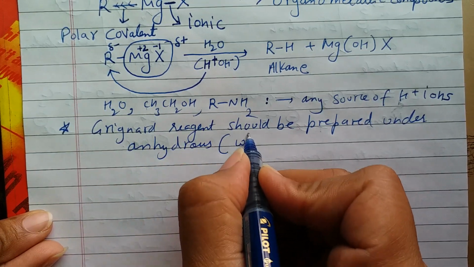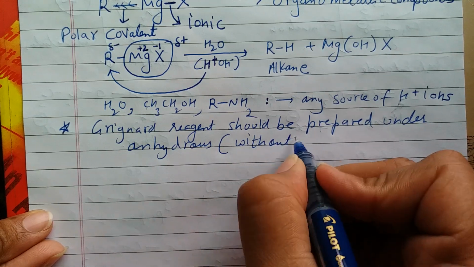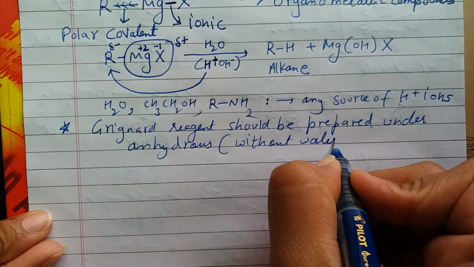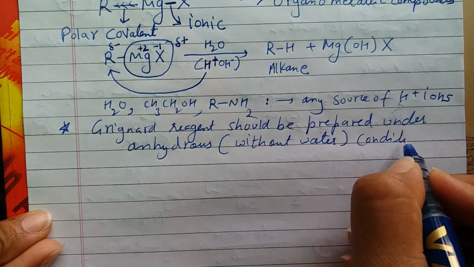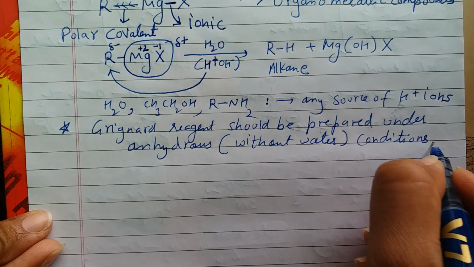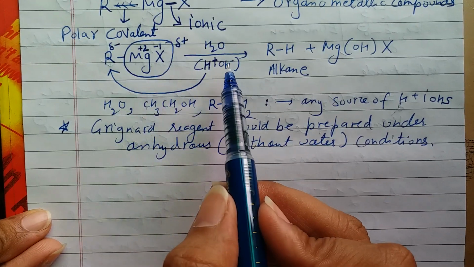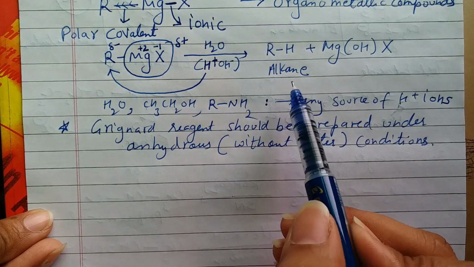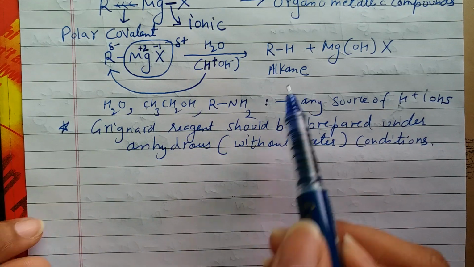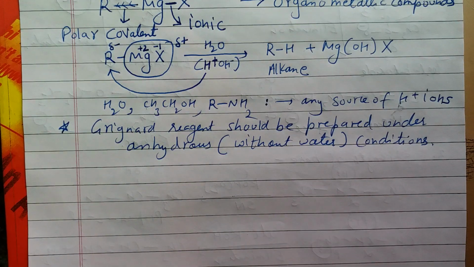Anhydrous means without water. Otherwise, what will happen? You've just seen it. It will take up water or moisture, and it will take up H plus from water and be converted into an alkane. So Grignard's reagent should be prepared under anhydrous, moisture-free conditions.